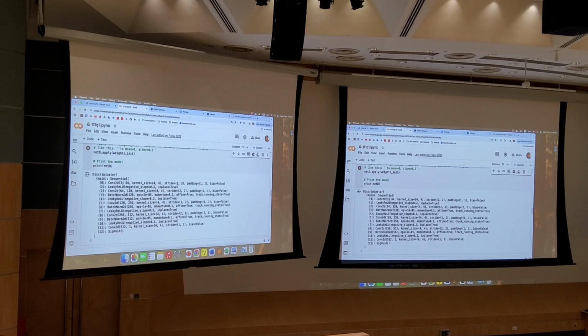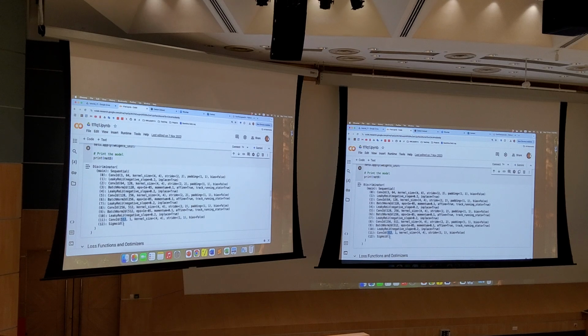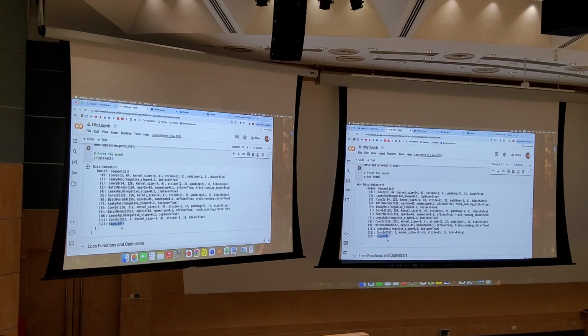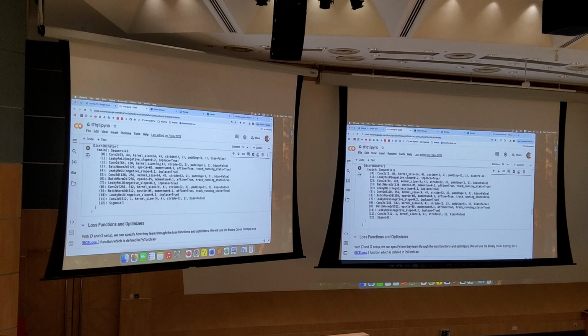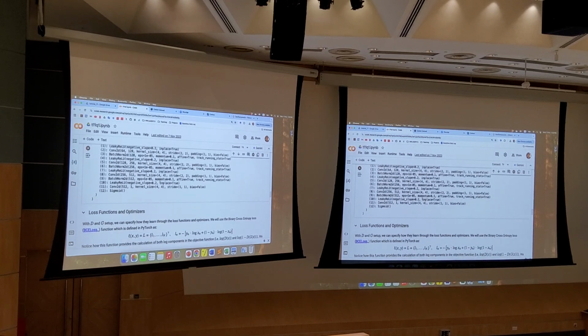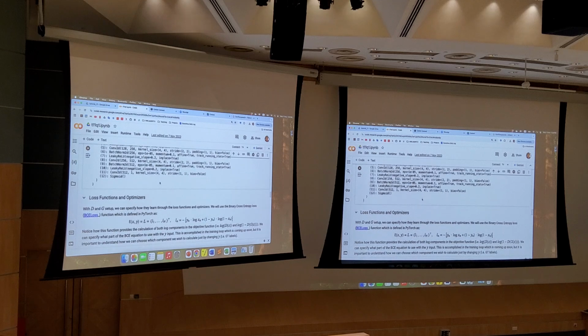You take 3 channels as your input, and then slowly you increase the number of channels to 512, and eventually you feed it into your sigmoid function. And again here it uses a 4x4 kernel. That's a special design in DCGAN.